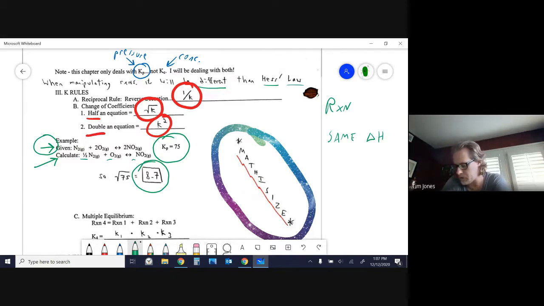So you'll notice the problems will often say the particular reaction happens and this chemical has a coefficient of 1. By saying that, it is forcing everybody to put the same coefficients so that we all use the K value correctly. And you'll see that in the problems that we do.